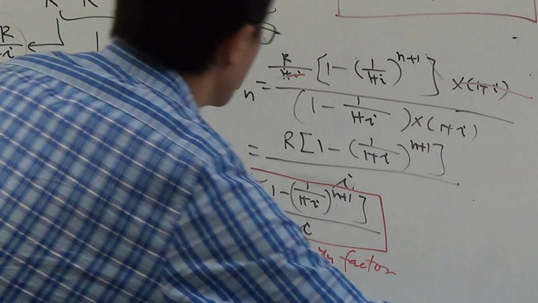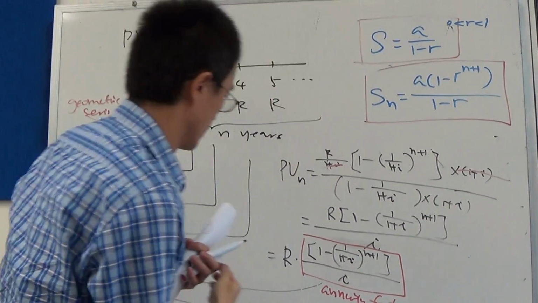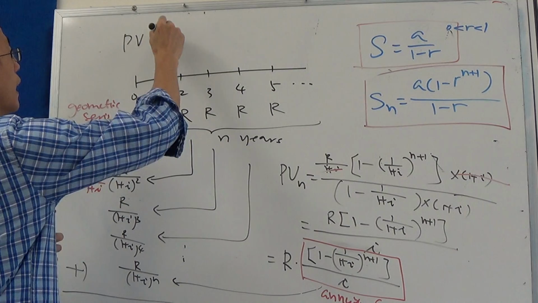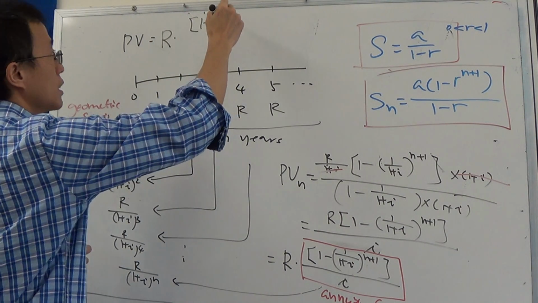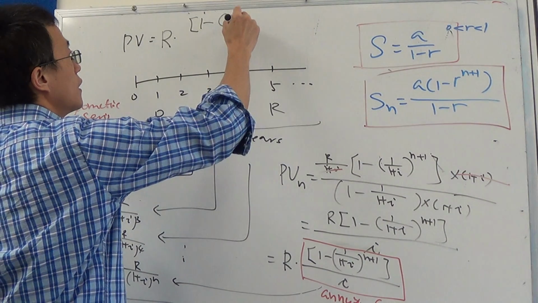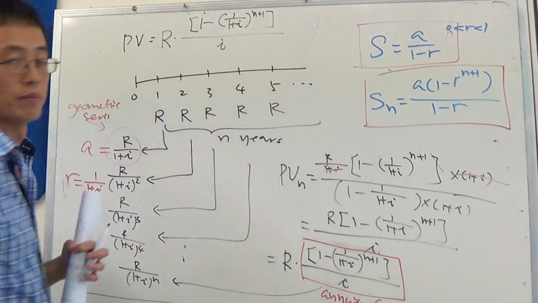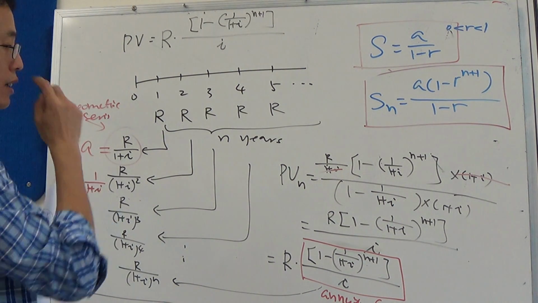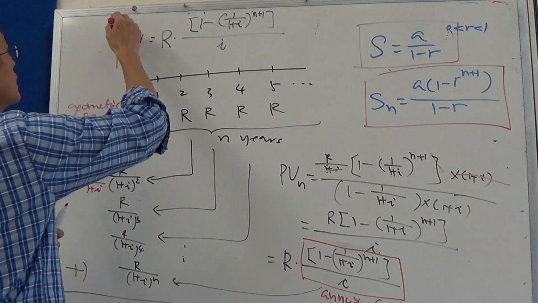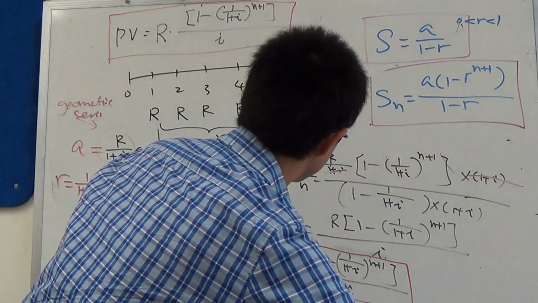I'm going to write it here on top. R multiplied by 1 minus (1 plus I) to the power of negative n, divided by I. Okay, that's the present value of this annuity. Okay.